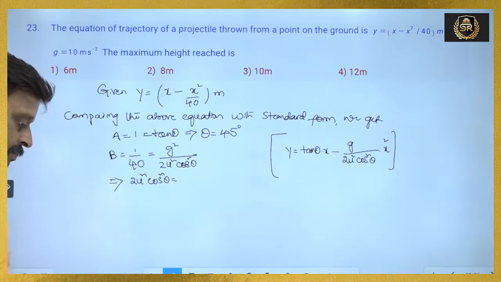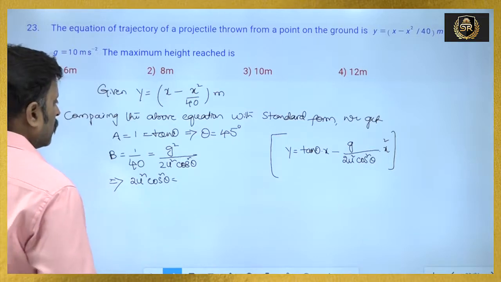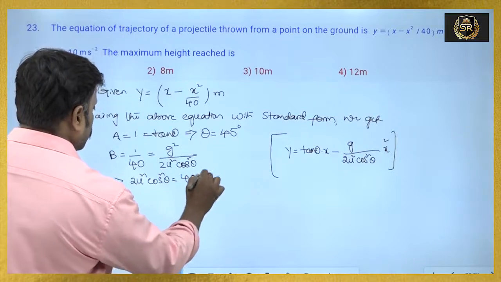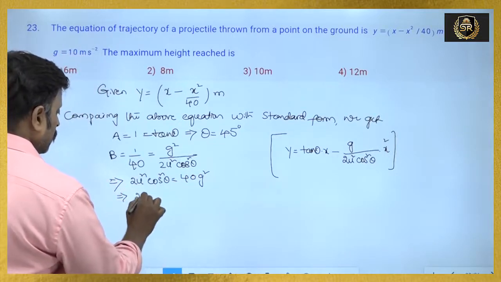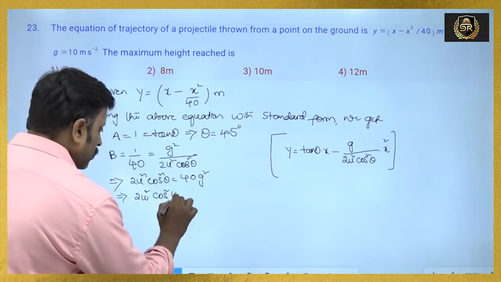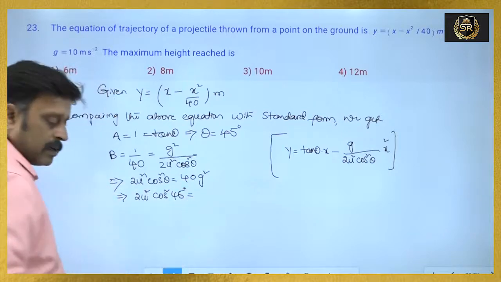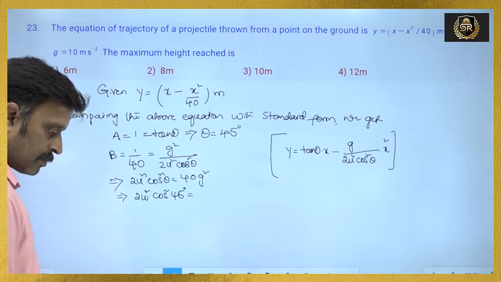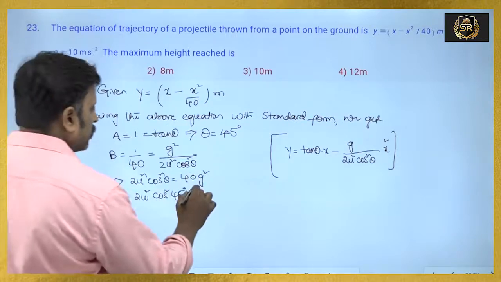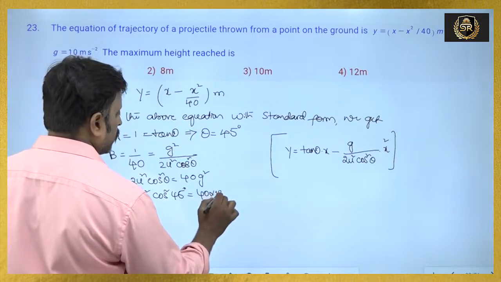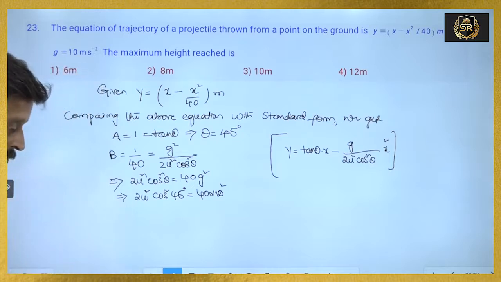So 2u square cos square 45 degrees is equal to 40 into 10.